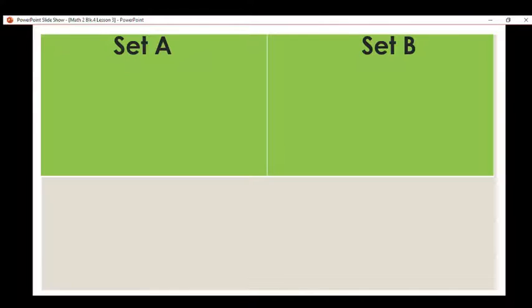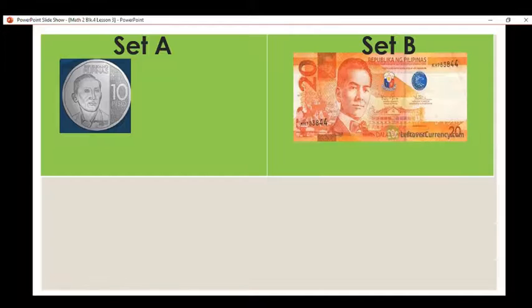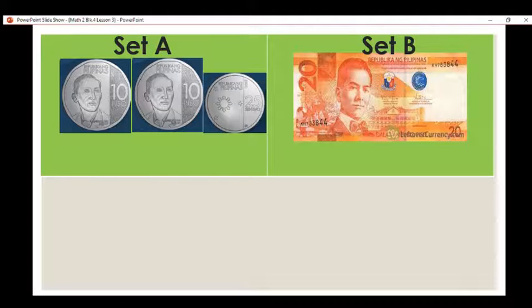Let's have a last activity. We have set A and set B. What would be the amount of our sets? In set A, we have two coins of 10 pesos and one 25 centavos. What would be the total amount of our set A? We will skip count by 10: 10, 20. And because we have a centavo, the total amount would be 20 pesos and 25 centavos.